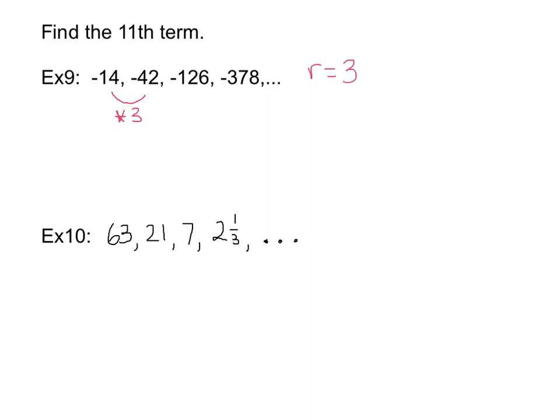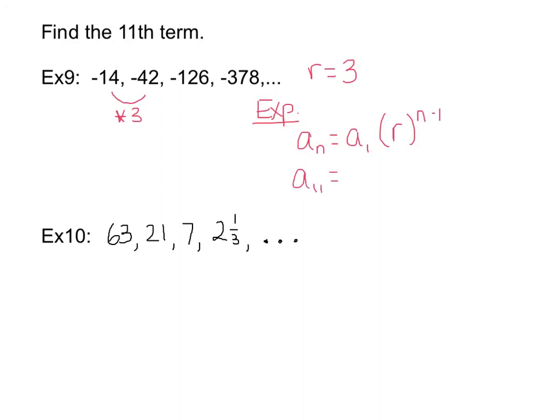Now when you're trying to find the 11th term, you're using the explicit formula, which is a sub n equals a sub 1 times r to the n minus 1. So we're going to try and find a sub 11.